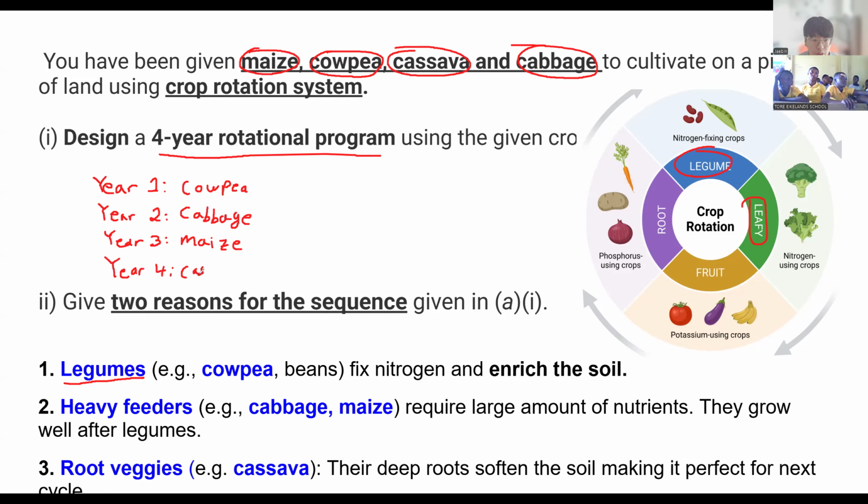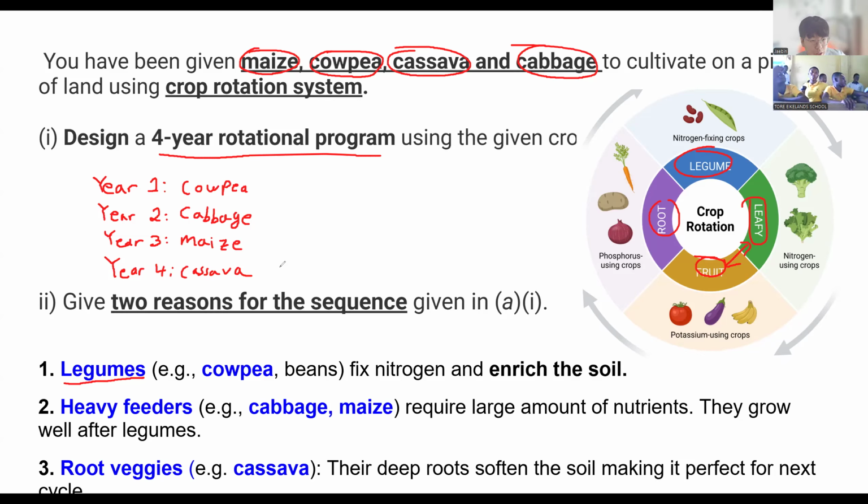Because cassavas are parts of the root, right? And maize, I guess, is part of the fruit, but it's also a little bit part of the leafy. So fruit and leafy can kind of interchange a little bit.